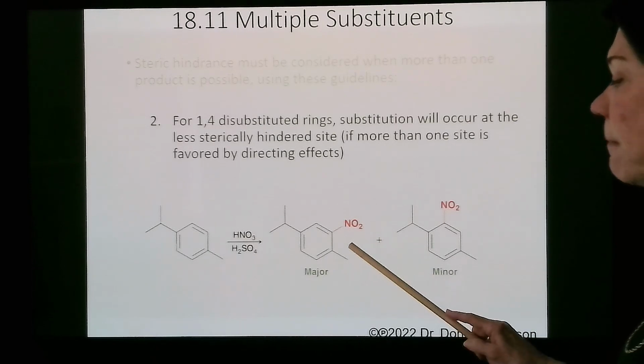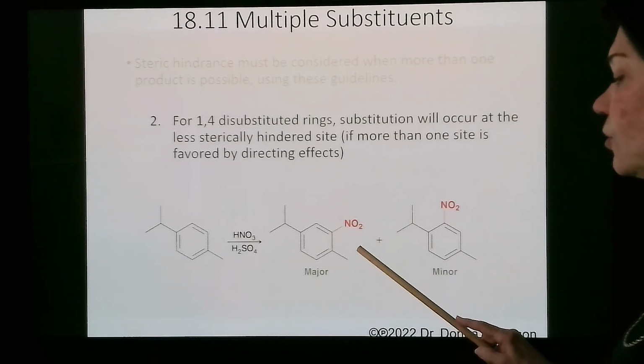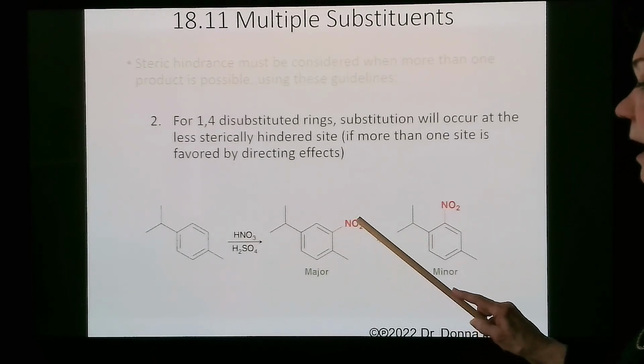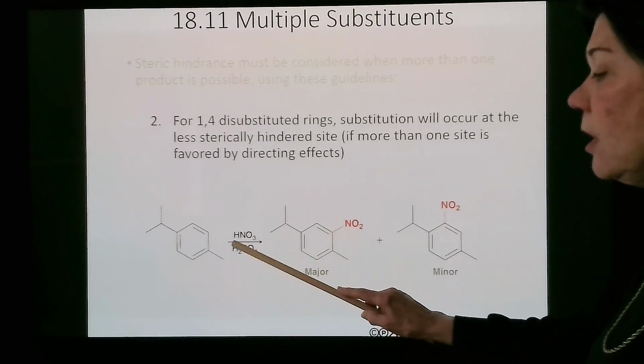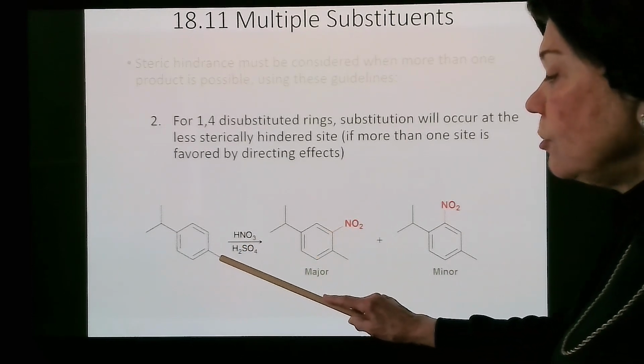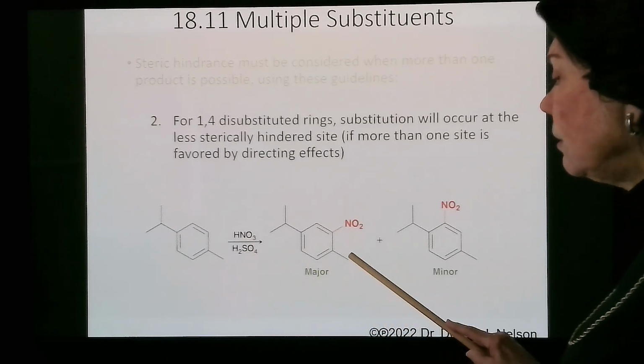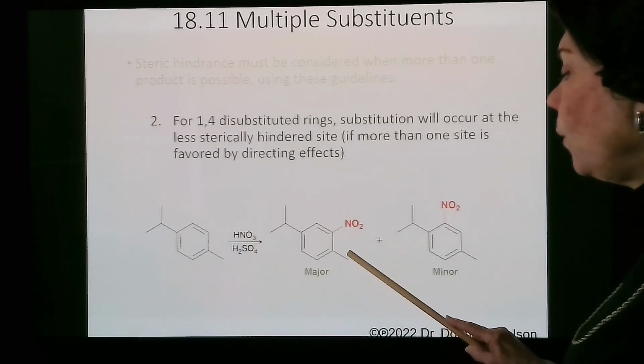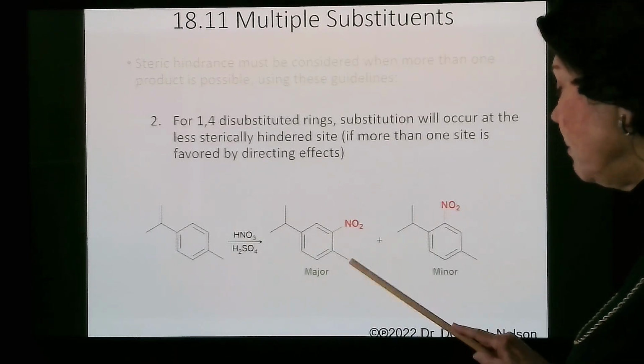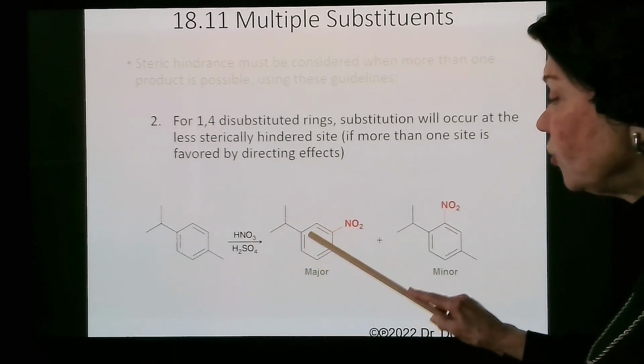So here, the major isomer is that one that is due to the ortho directing effects of this methyl. So the nitro, or the incoming group, whatever it is, went ortho to the methyl group because of the steric effects up here.